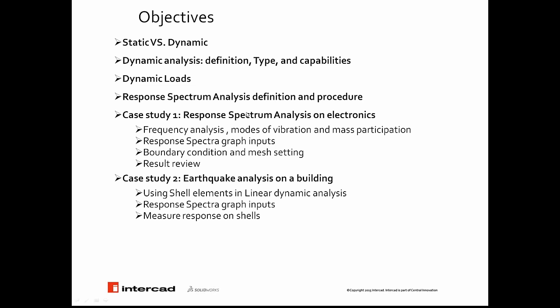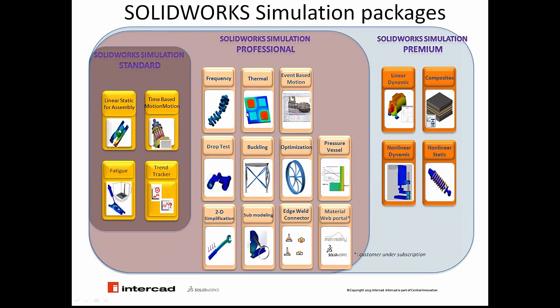All right, so let's have a look at the SolidWorks Simulation package. You can have Simulation Standard, where you are able to do linear static analysis, motion-based analysis, and fatigue trend tracker. You add capabilities and range of the application by upgrading to SolidWorks Simulation Professional, where you can see frequency, thermal analysis, drop test, and buckling.